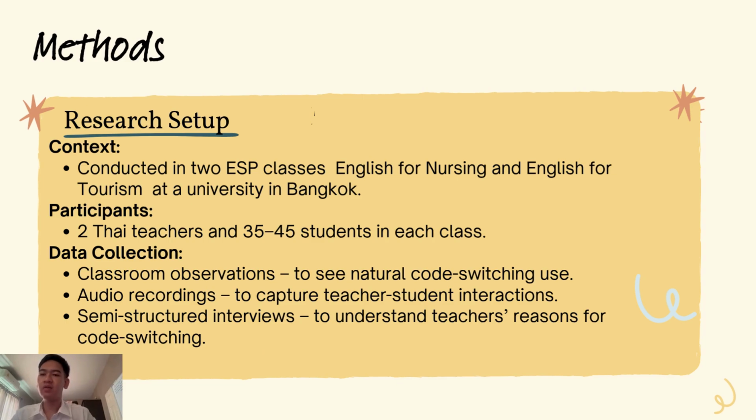Now, let's take a look at the methodology. The study was conducted in two ESP classes at a university in Bangkok, English for Nursing and English for Tourism. The participants were the students and teacher in the classroom, about 35 to 45 in each class, and data was collected through observation, audio recording, and semi-structured interviews with the teacher.